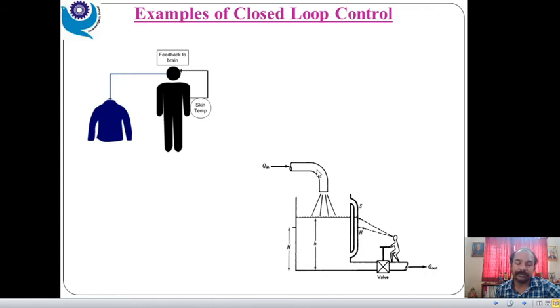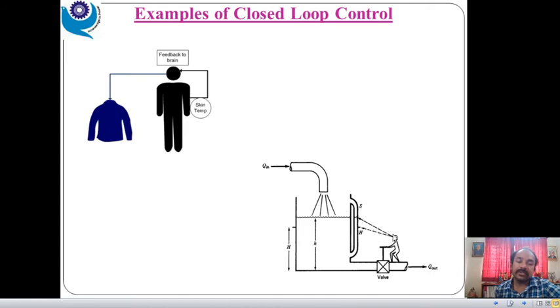Very simple, right? So in this way the feedback is given to the person by his eyes, because he is monitoring continuously the level of the water.